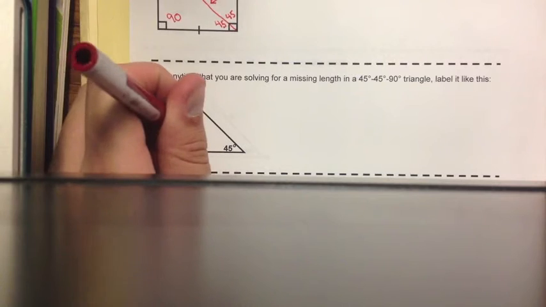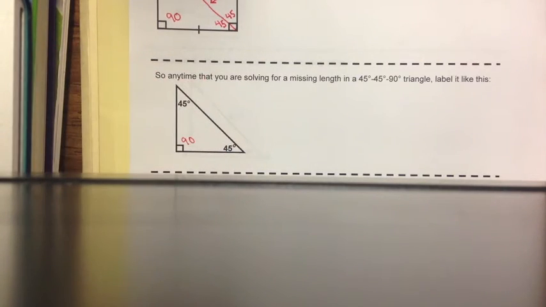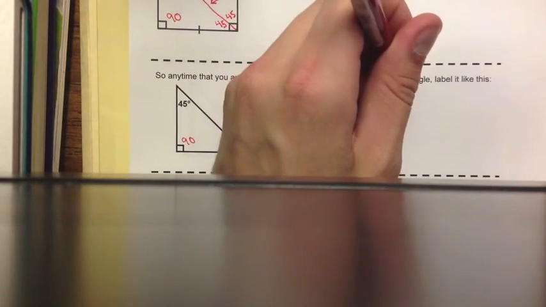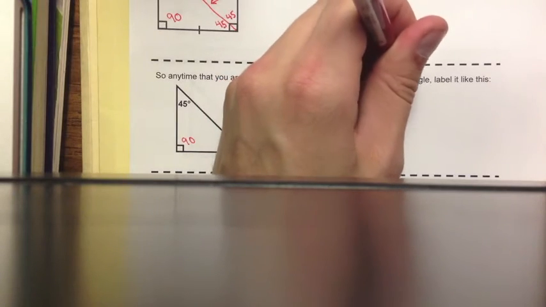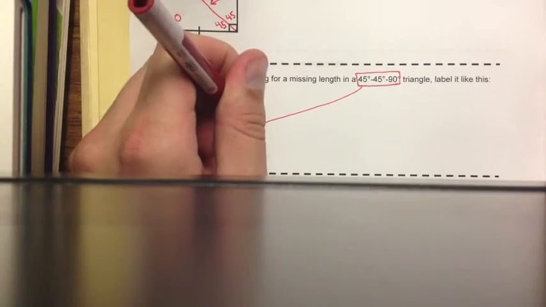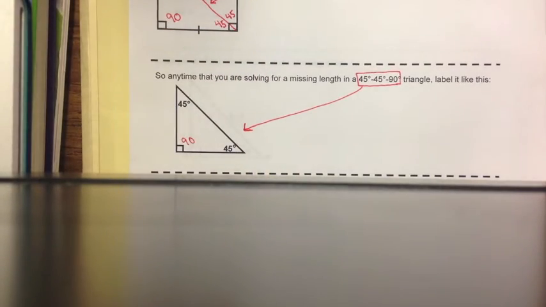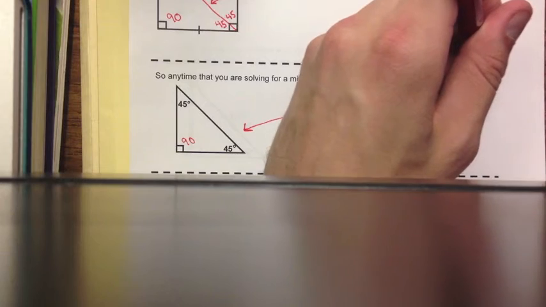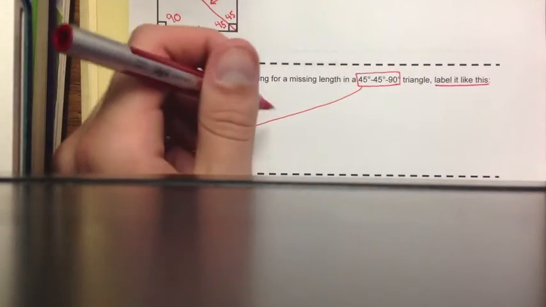So the note says that anytime you are solving for a missing length in a 45, 45, 90 triangle, label it like this. X radical 2. That is right. You're going to take the sides of the triangle and match it up with the different angles.